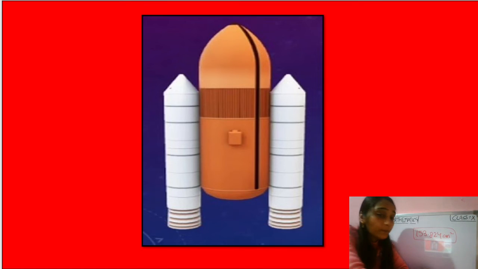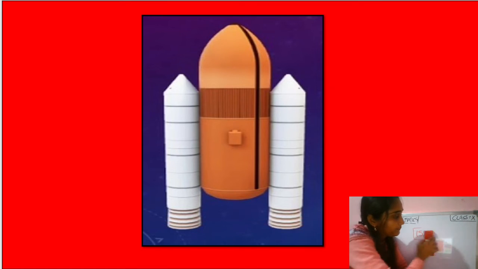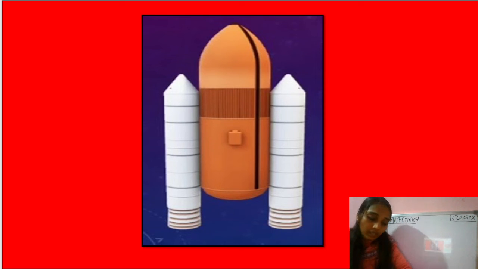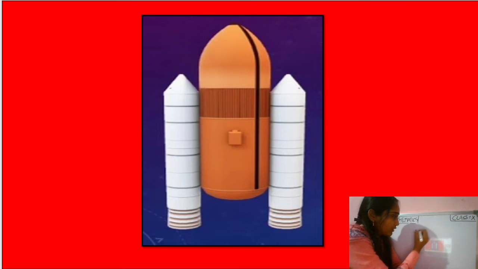Okay, so what are you able to see on your screen? Yes, you will say, ma'am, it looks like a rocket to us. Yes. So now, as we have already discussed the different solids, now tell me, this rocket is made up of what combinations of different solids? Okay, first one you are saying, ma'am, we can see a cylinder in it. Yes, other?